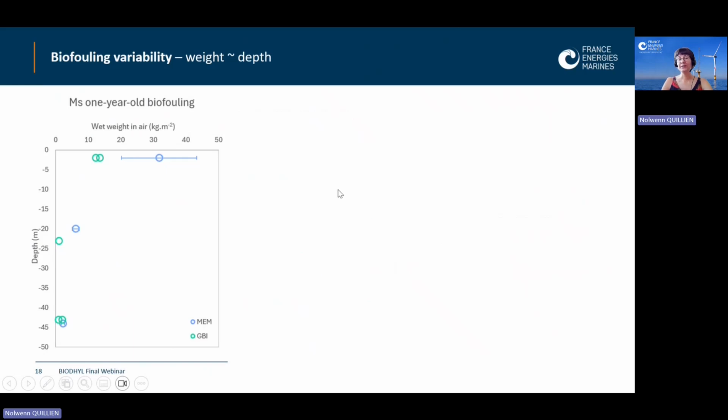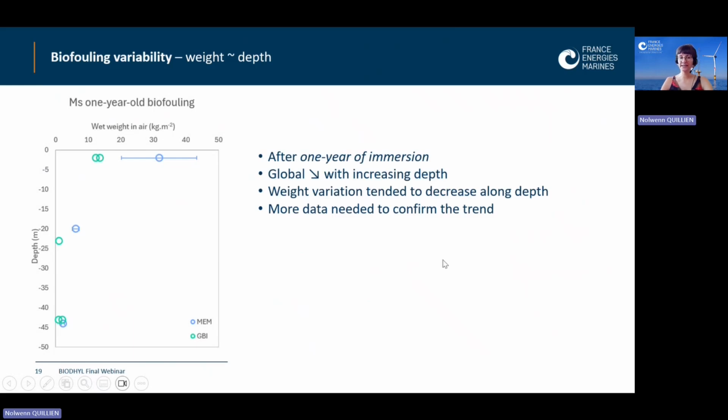Then looking at the variation of biofouling weights along depths, so you see here the weight in air and the depths there, and these data were collected after only 1 year of immersion. So at these two sites, MEM in the Mediterranean and GBI in the Atlantic.